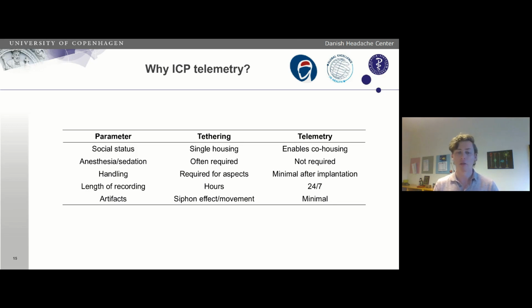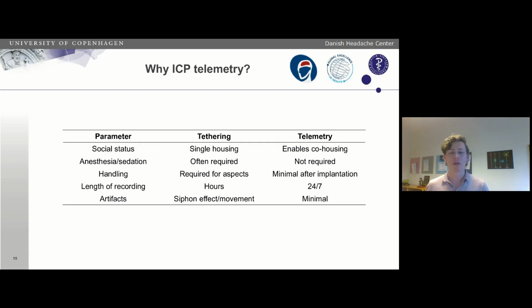And as data will show later on, anesthesia can have effects on intracranial pressure. Moreover, we don't need to handle the rats as often with telemetry, with the exception of giving them drugs or changing cages. Whereas if they're tethered, you have to handle them, maybe sedate them so you can stick a probe on the head and stuff like that.